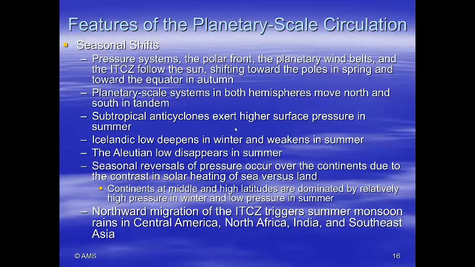Seasonal reversals of this pressure occur over the continents due to a contrast in solar heating of sea versus land. Continents at middle and high latitudes are dominated by relative high pressure in the winter and low pressure in the summer.